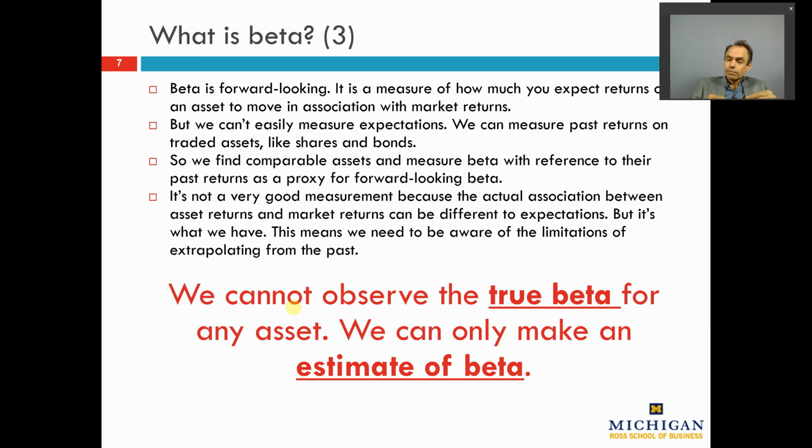But that's not true. The McDonald's beta estimate based upon that past information could have been very different with a very small number of returns that occurred at different points in time. The McDonald's share price will have gone up and down depending upon some company-specific events, a food contamination scare or a great marketing campaign which got more people through the door, and depending upon whether the share price for McDonald's went up or down on any given week.